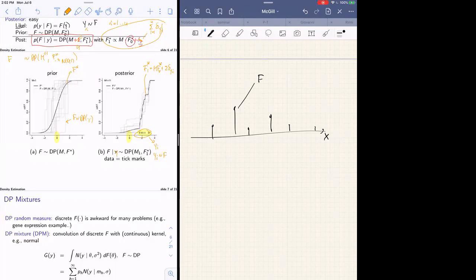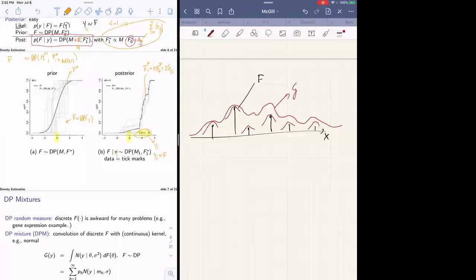There's a very simple fix. We can easily make the discrete distribution into something continuous by convolving with some continuous kernel, like smearing out each of these point masses with a little Gaussian kernel. If you do that, then instead of the sum of the point masses, you get a beautiful distribution like this.